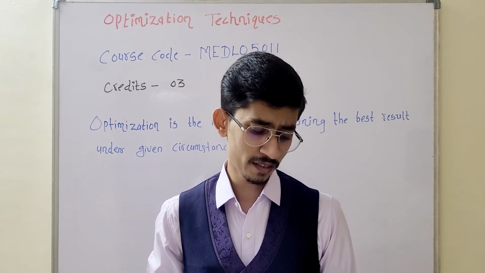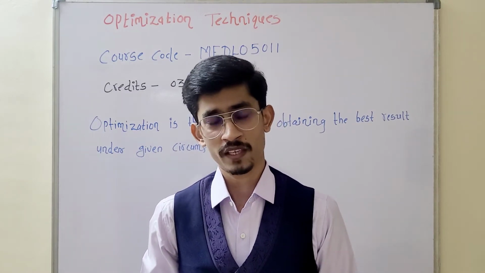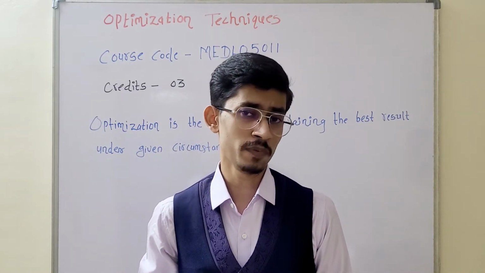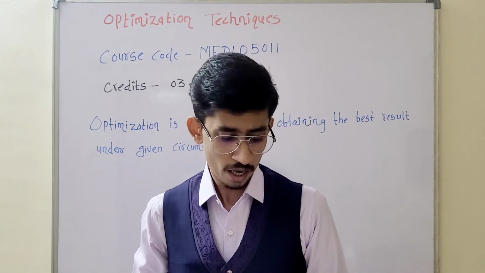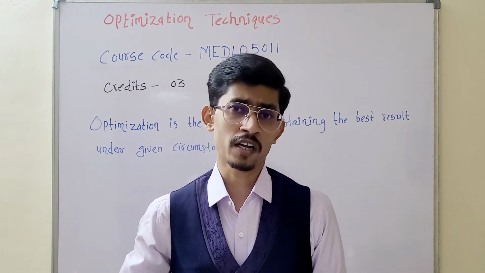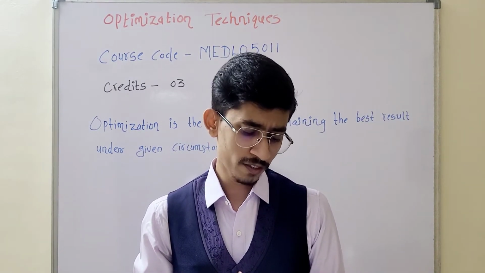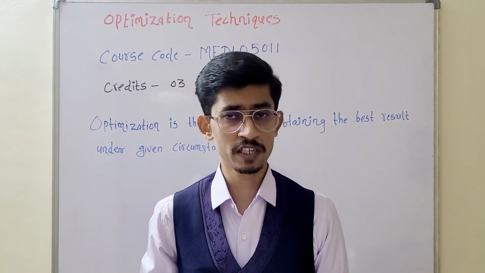Again, the term optimize means to make perfect. Optimization simply suggests making something perfect. Now, if I want to define it another way, it is defined as choosing the best element from some set of available alternatives.